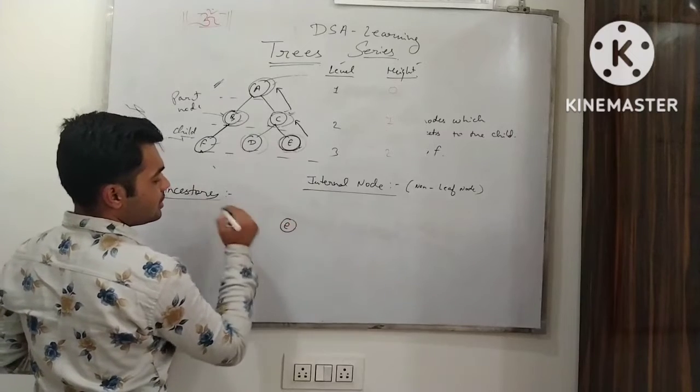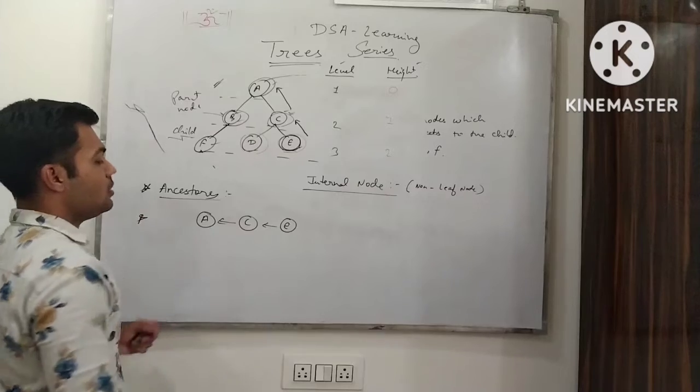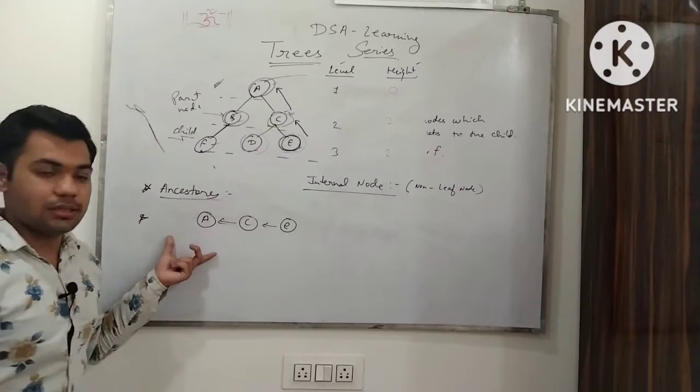E is here, then C is here, after C the A is here. So these are the ancestors. Okay.